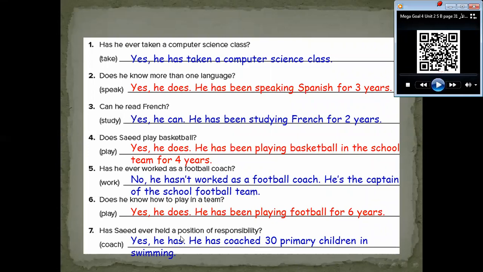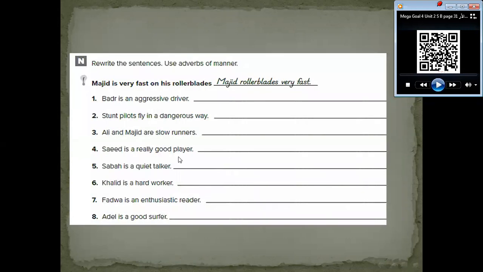I'd like to thank you for your answers. And now let's go to another page, page number 20, to answer any question on this page. If we go there, we find an exercise that wants us to rewrite the sentences using the adverbs of manner.